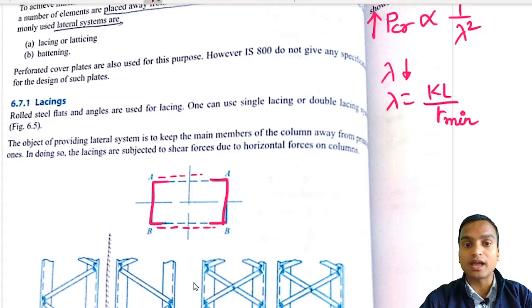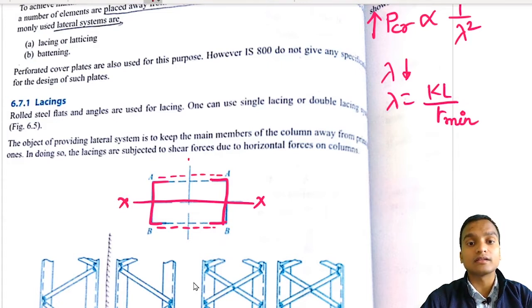There are two axes: one is this XX axis, or sometimes it is written as ZZ axis, and the other is YY axis. Most of the time the buckling occurs along the YY axis, because YY axis becomes the minor axis and XX axis is the major axis.